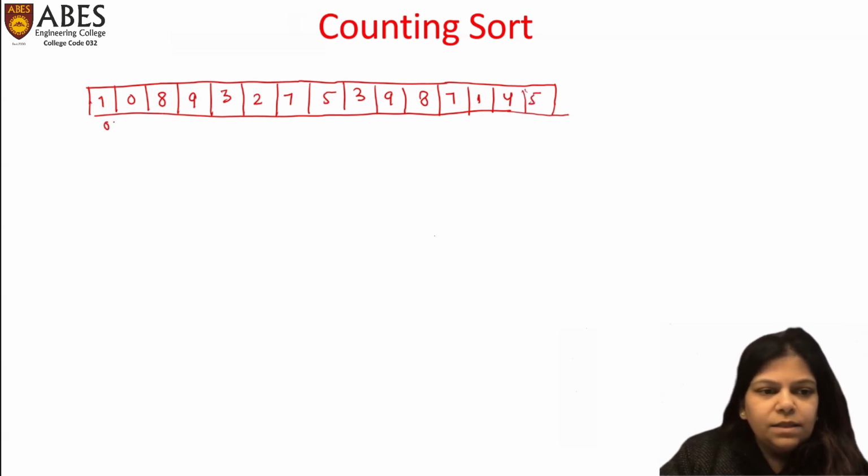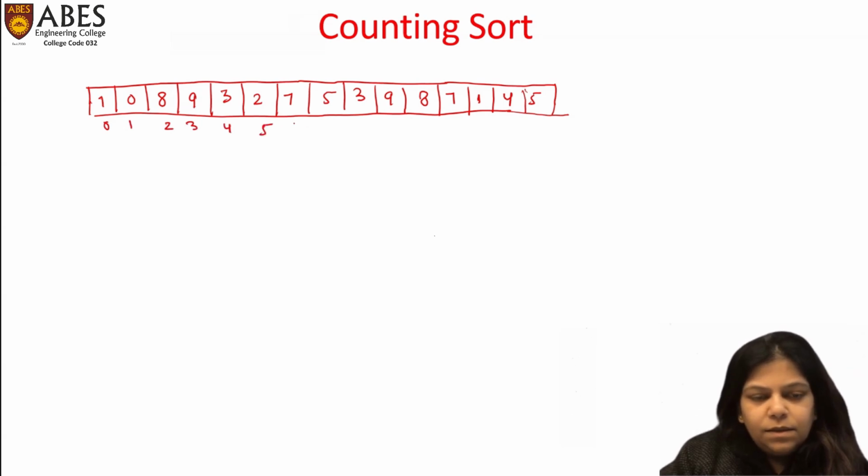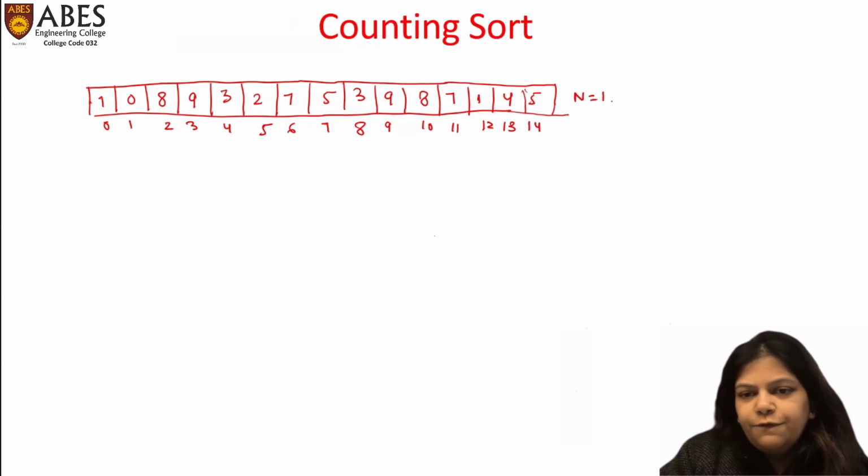And suppose the indexes of this array start from 0 till maybe 14. So that means we have a total of 15 elements stored inside this array.